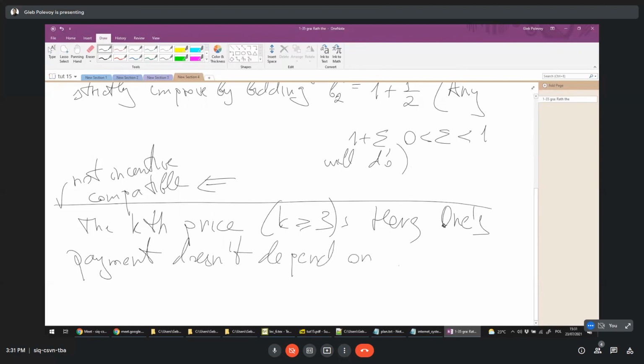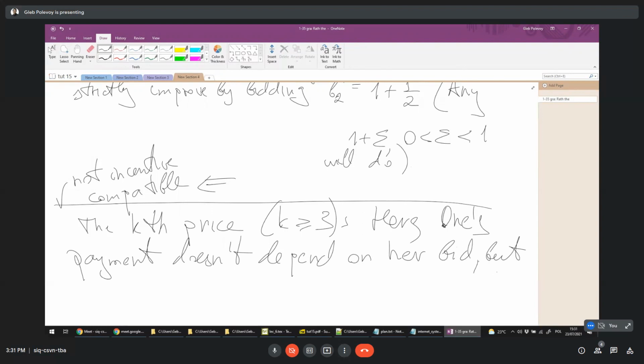So why is it still not incentive compatible? Let's talk about what can happen, what can ruin incentive compatibility on the level of idea. Let me say on the level of how it works.